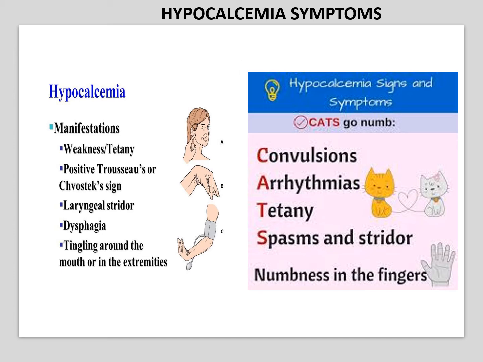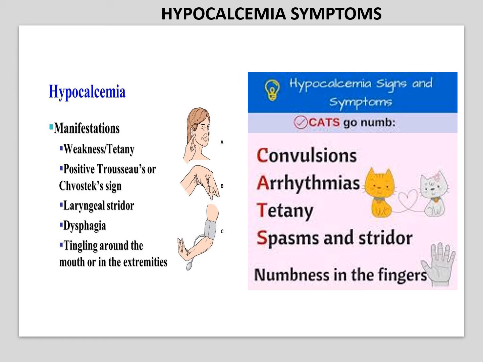Why does that happen? Well, you're irritating the nerve that goes down the arm, right? And with hypocalcemia, nerves are very twitchy and irritable. So this is just showing you how irritable it is that when you pump up the cuff, the whole hand goes into this carpopedal spasm.